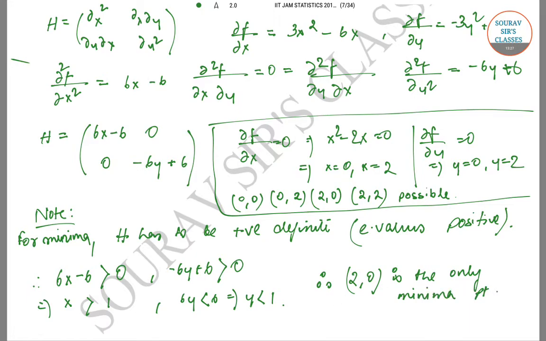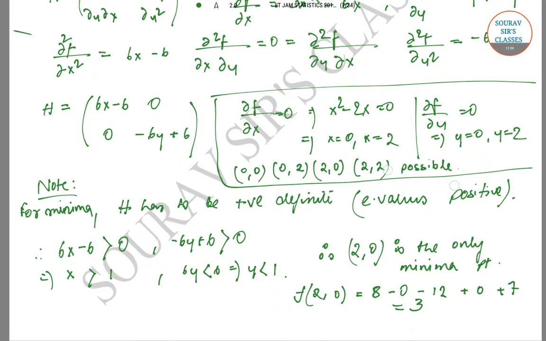At (2,0), if we evaluate f, it gives us 2 cube, which is 8, minus 0 cube, which is 0, minus 3 times 2 square, which is 3 times 4, which is 12, plus 0 plus 7, which is equal to 7 minus 12, which is minus 5, plus 8, which is equal to 3.